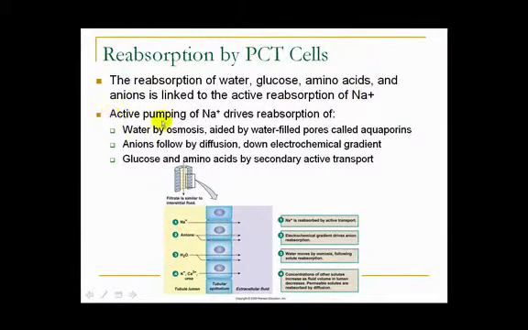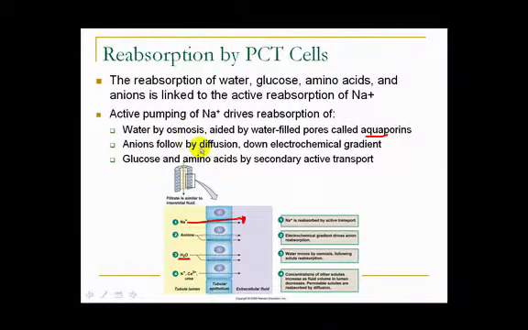So by actively pumping sodium, using your sodium-potassium pumps, it creates certain gradients. If sodium's moving because of sodium-potassium pumps actively, then passively, water's going to follow by osmosis. It's going to follow the solutes. And water moves through pores called aquaporins that can be inserted into the epithelial cells.